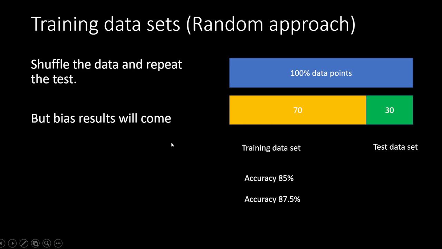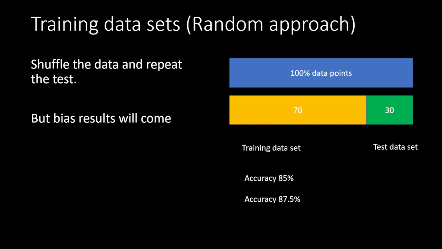For that, you shuffle the data again. Before making the machine learn a second time, shuffle the data. So again you go for either 70 or 75 percent, and the remaining 30 percent will be tested. In that way you can increase the accuracy a bit, to 87.5.